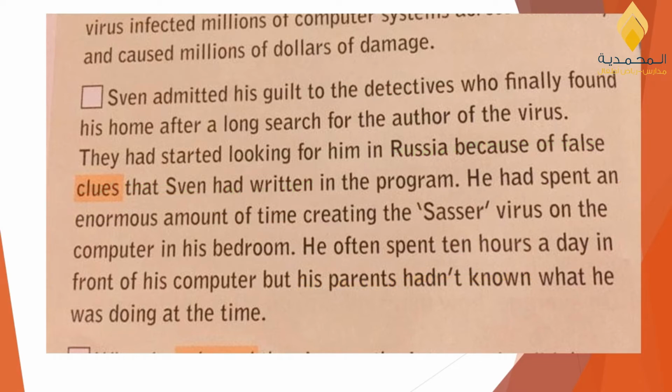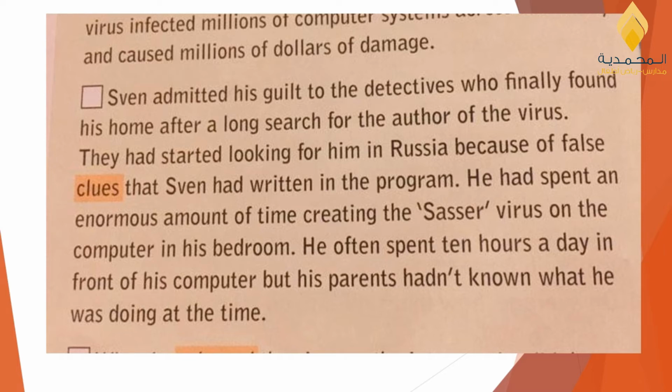As you can see in this paragraph, Sven admitted or said that he was responsible and guilty for spreading the virus. The first place in which the detectives looked for him was in Russia, because he gave some false clues or wrong information that he stayed there.